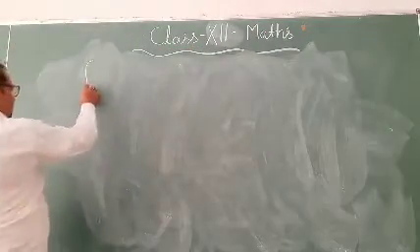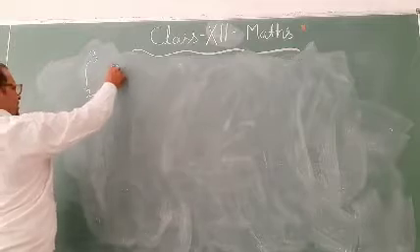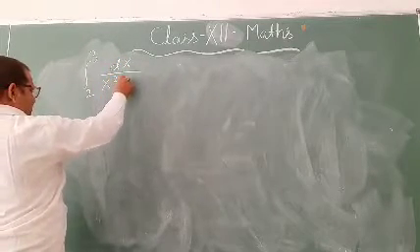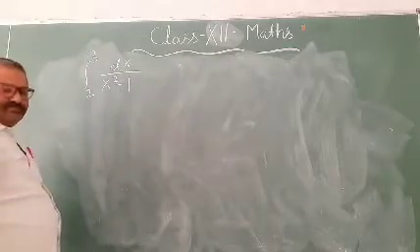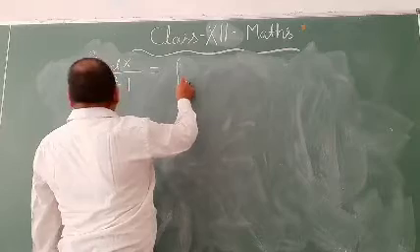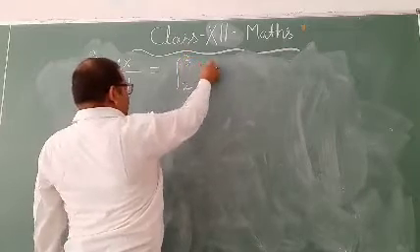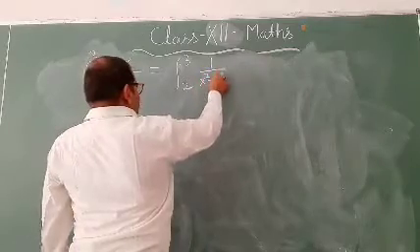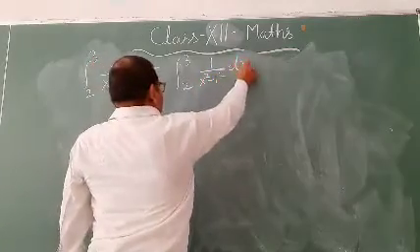Integral 2 to 3 dx upon x square minus 1. It can be written as the integral 2 to 3 of 1 upon x square minus 1 square dx.